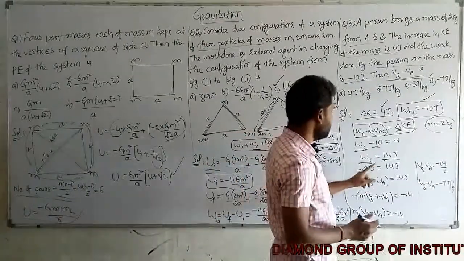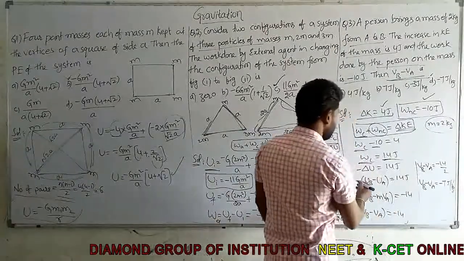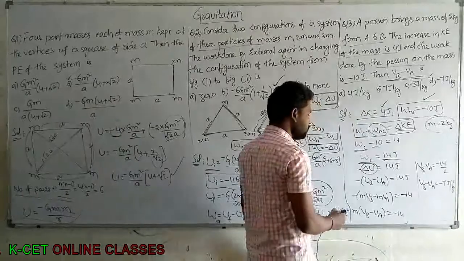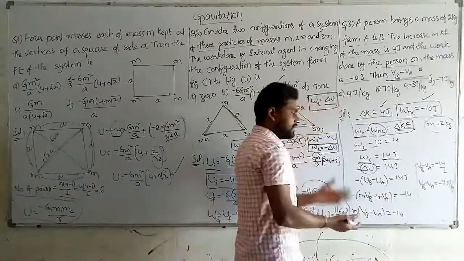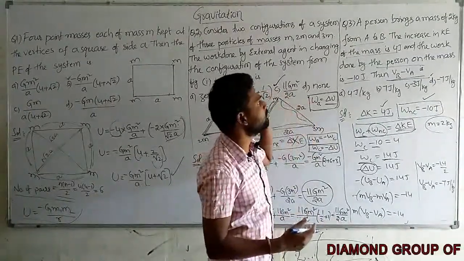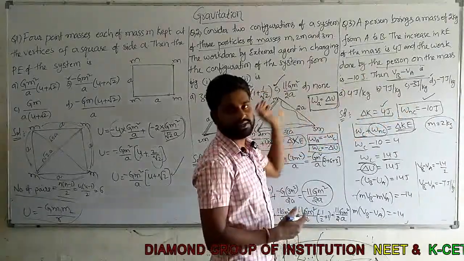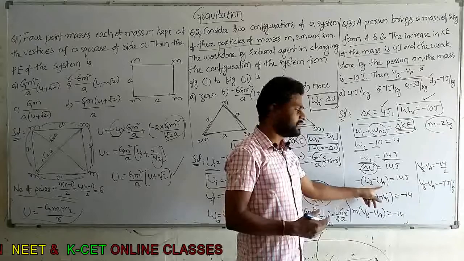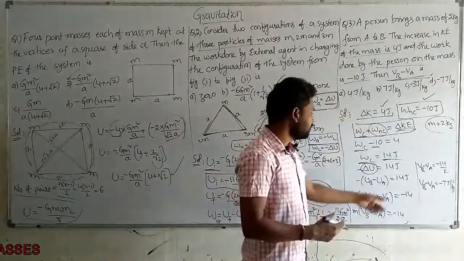So minus delta U equals 14 joules. Delta U is the change in the potential energy, which is the final potential energy minus the initial potential energy. The body is moved from A to B, final is B, initial is A. So potential energy at B minus potential energy at A equals, moving the minus to the other side, minus 14 joule.